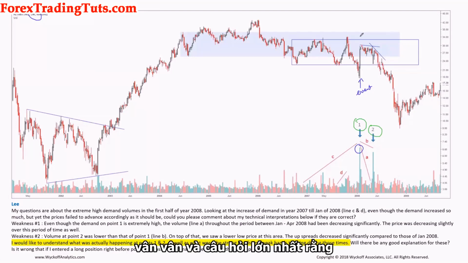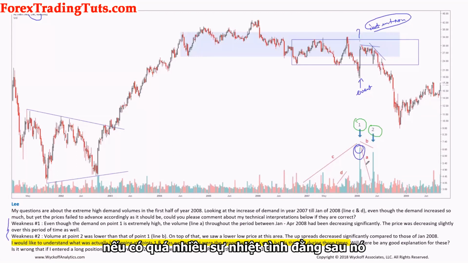And the biggest question that Lee is asking here, somewhere in the description, is that there is so much movement to the upside, so much effort, yet what do we do? What is the final result? To understand the final result, we need to understand the original intention behind this move.